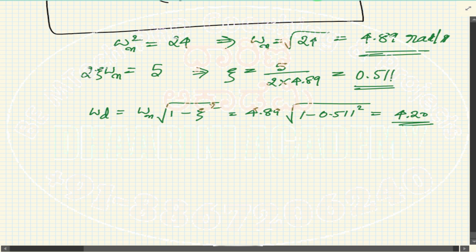Okay, so once we have this, then we can calculate theta, right? So this is tan inverse of root of 1 minus zeta square by zeta.